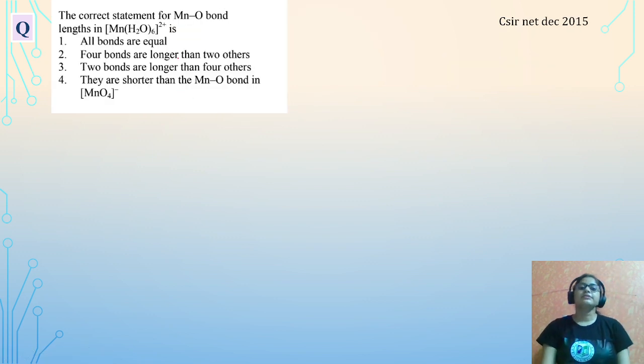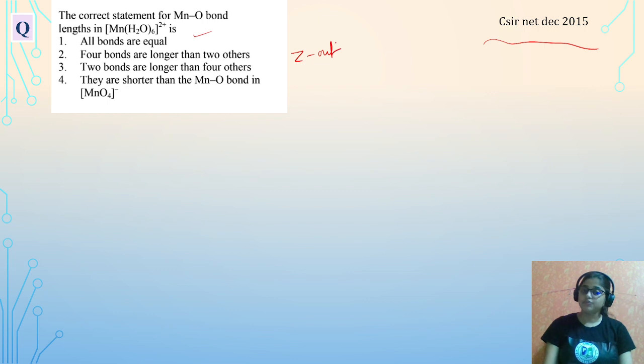Next, the correct statement of Mn-O bond lengths in [Mn(H2O)6]2+ is... This is a CSIR-NET question. See how simple this question is, but you have to have the idea about when the compound will give the JT distortion. If the distortion is Z out, then the Z axis bonds will be elongated, so all bond lengths will not be the same.